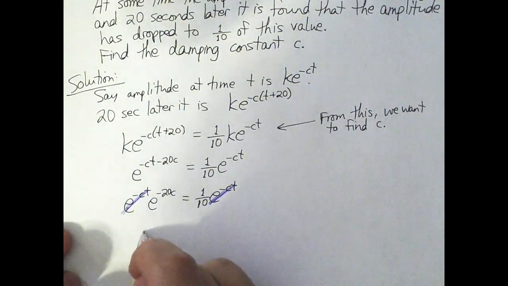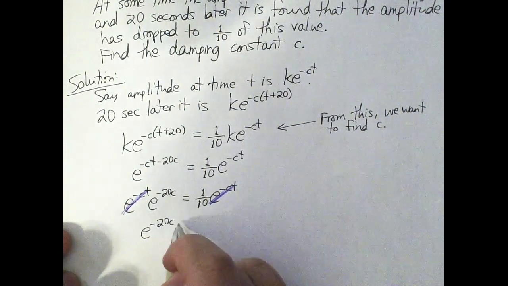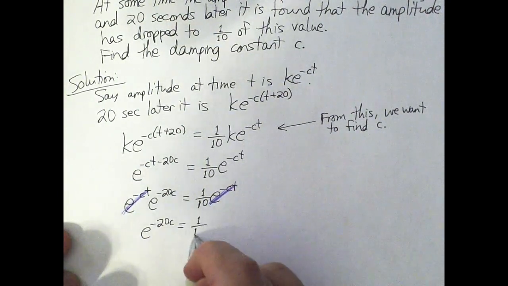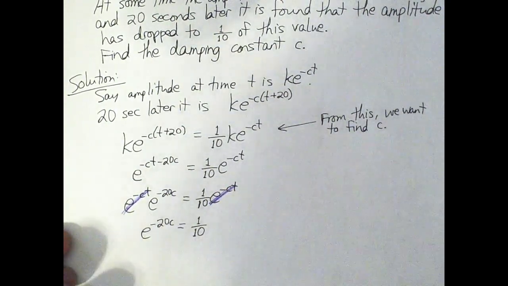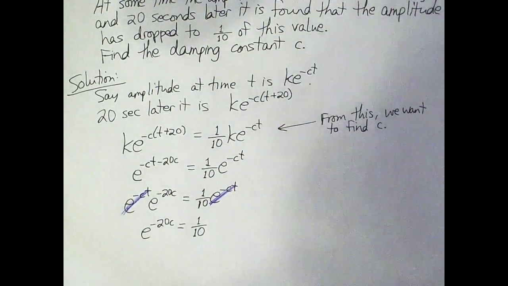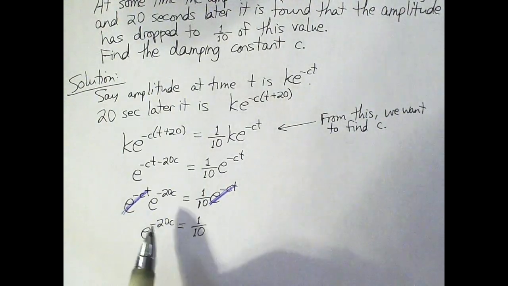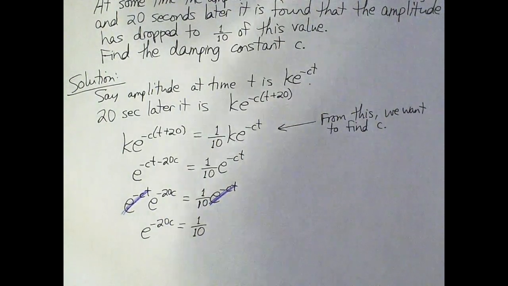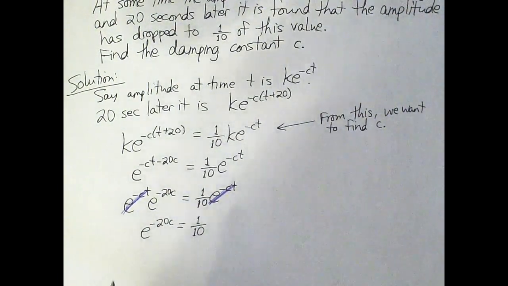So I'm really happy about that, because now, look at this. We canceled K out at the beginning of the problem, and now there's no T in the problem either. So we simply have an equation with one unknown, and it's the unknown that we're trying to solve for. So it's working out really well. E to the negative 20c equals 1/10.